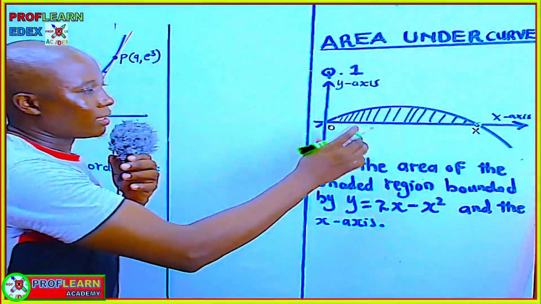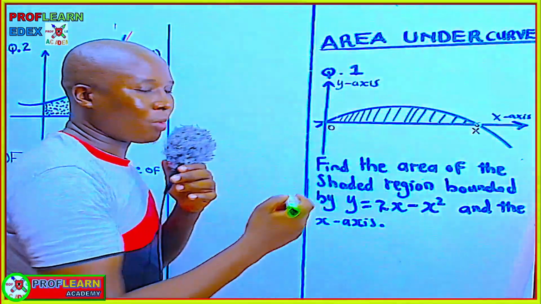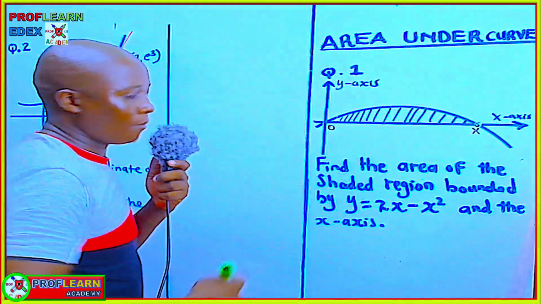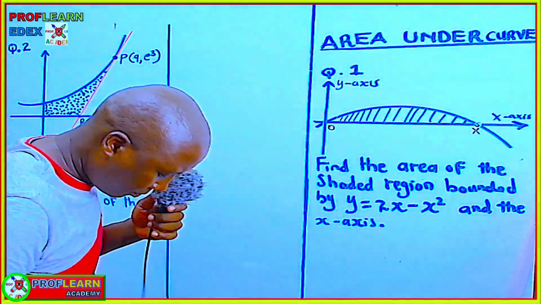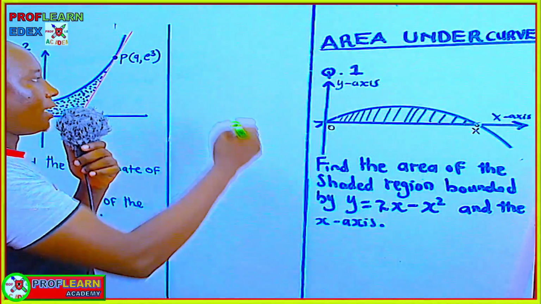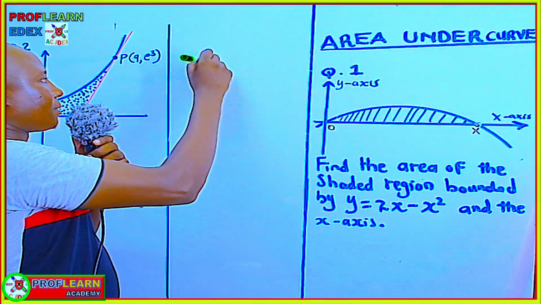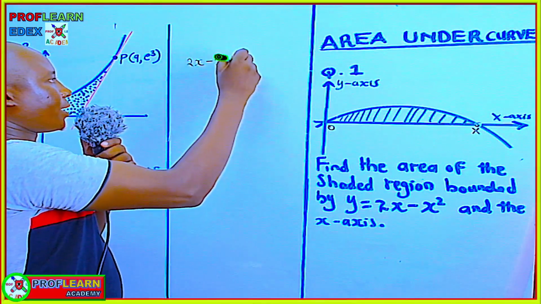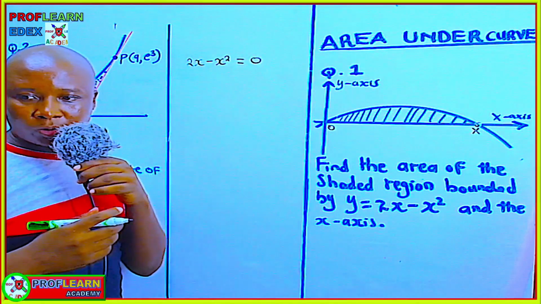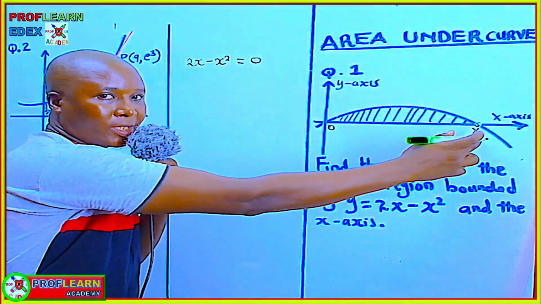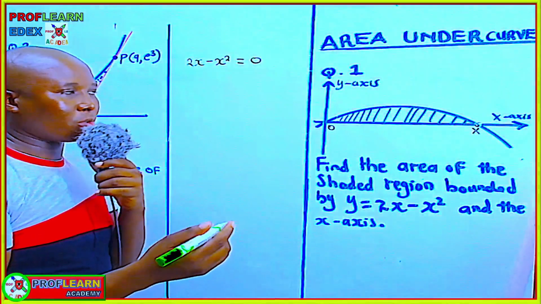Here we have the lower limit, which is 0, and the upper limit we don't know. We are going to solve the equation 2x minus x squared is equal to 0, in order to find the x value of this coordinate.